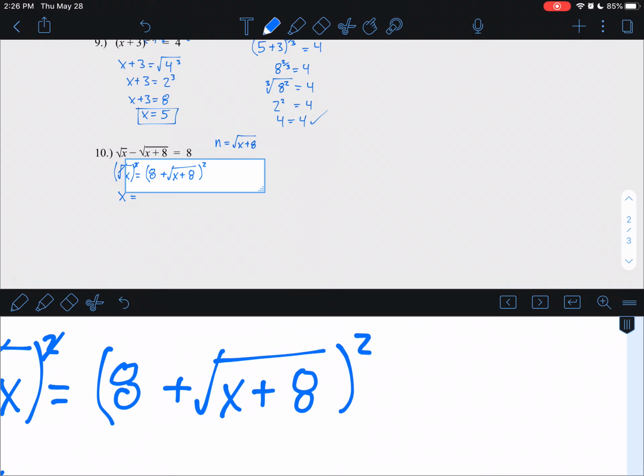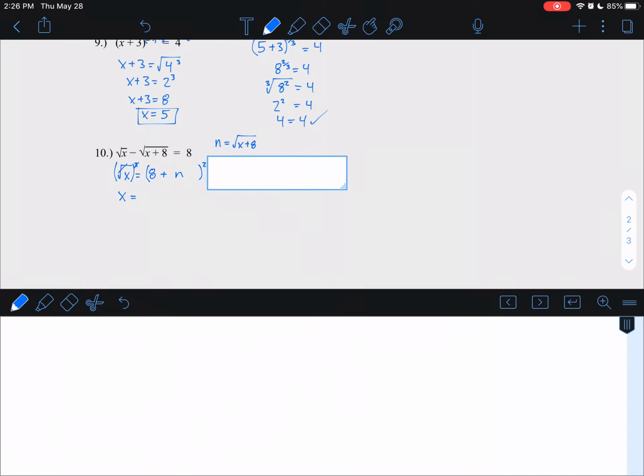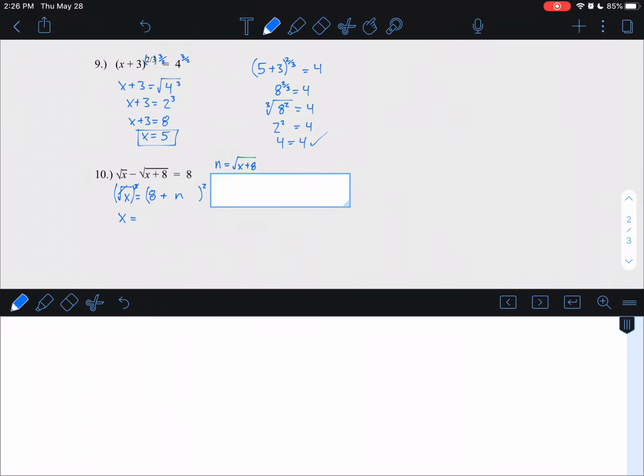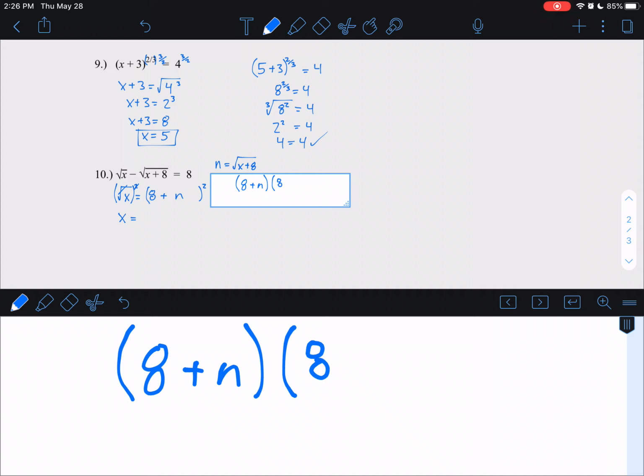So now I just have 8 plus n, squared. And 8 plus n, I can square that. So if I do that, that is going to come out to 8 plus n times 8 plus n.